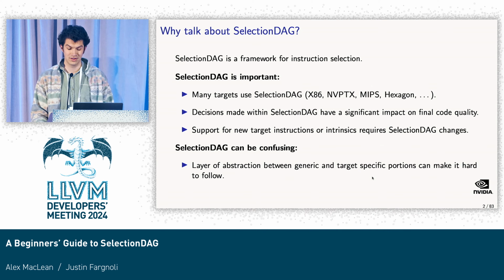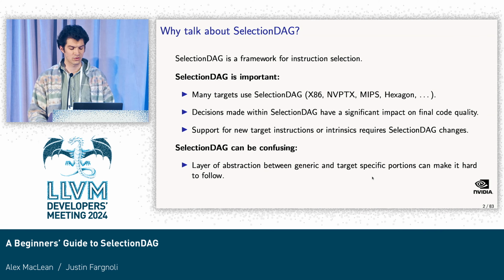Many targets use SelectionDAG for instruction selection, and the decisions made here can have a really big impact on the final code quality. So we can do well in optimizations, we can do well in machine instruction optimizations, but there are a lot of important decisions we need to make in SelectionDAG.